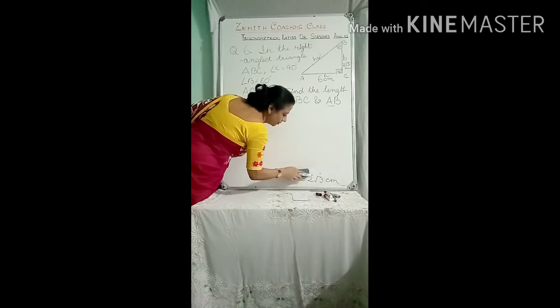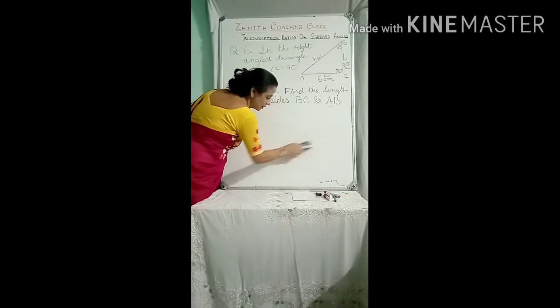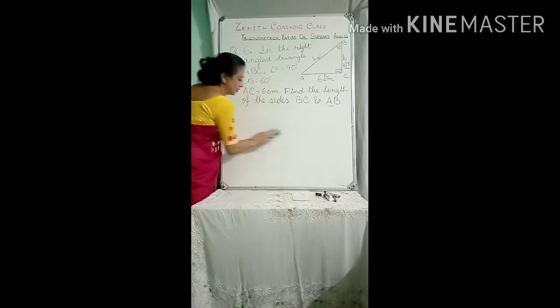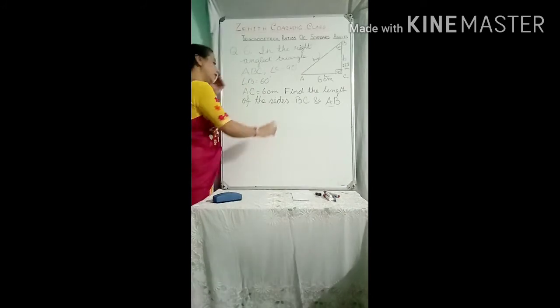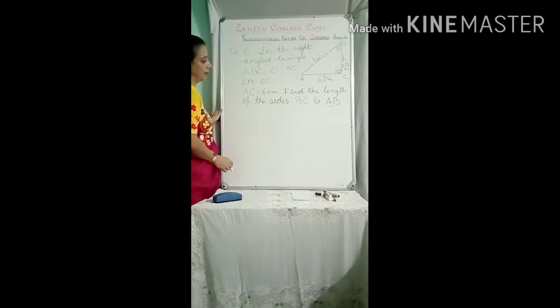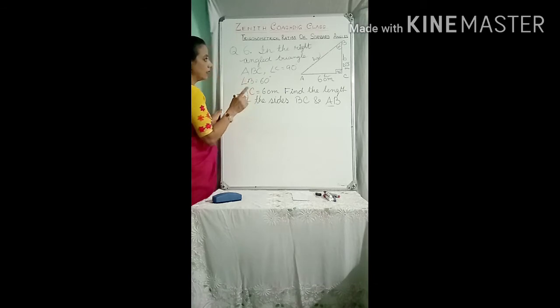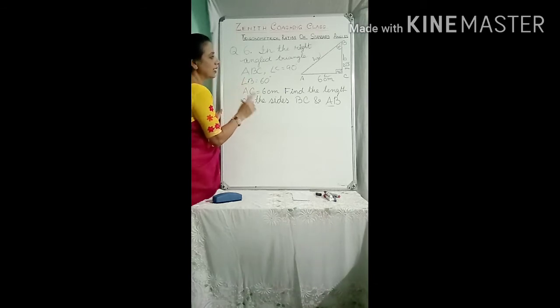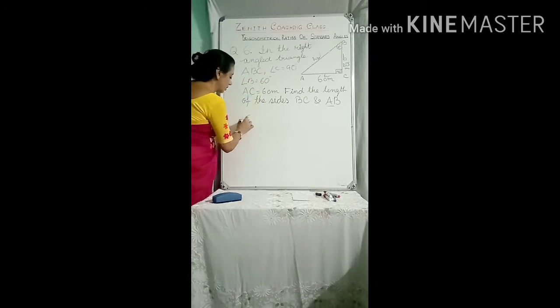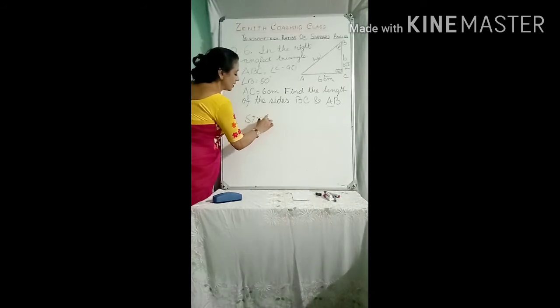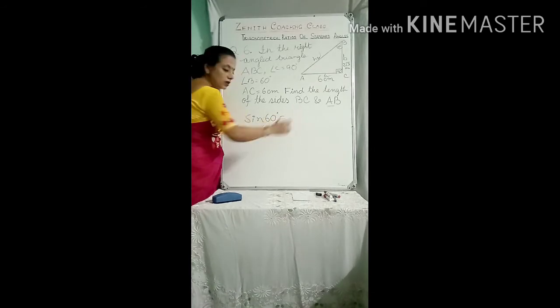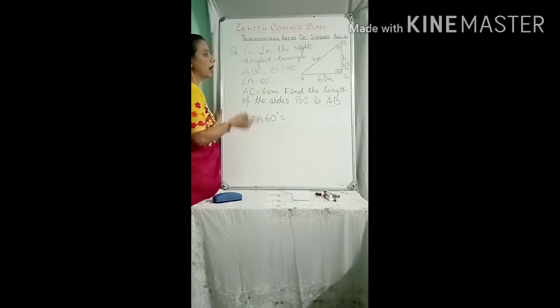Okay, so now you have to find the length of AB. So now sin 60 degrees equals, you know, sin theta is height by hypotenuse.